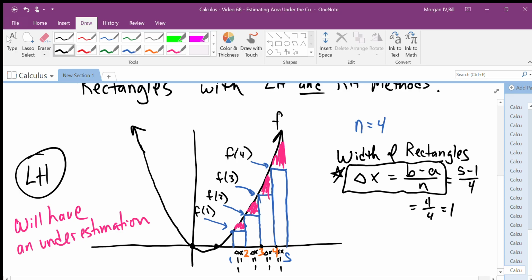All right, this is our function, f. And that's it. Now we just have to calculate the area of each of those 4 rectangles and add them together, and that will be our estimation. So let's try it.